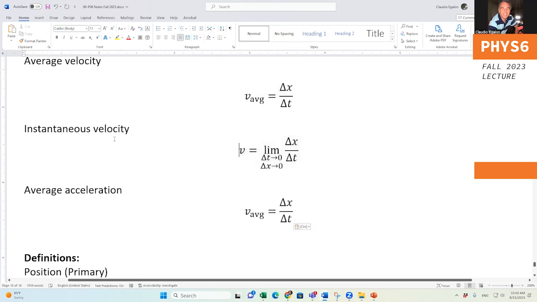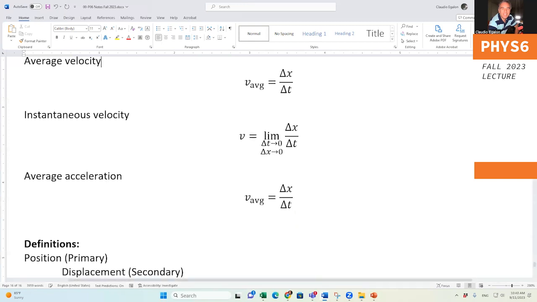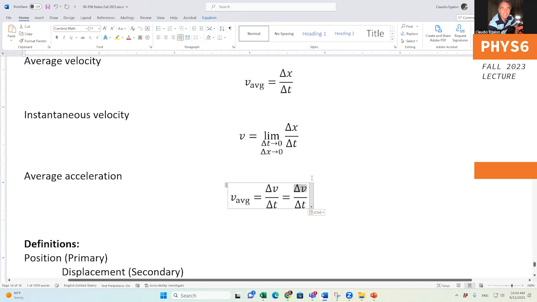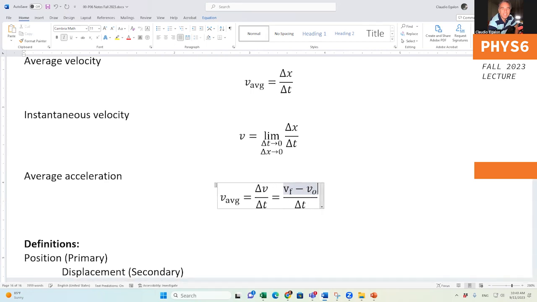If average velocity is delta x over delta t, average acceleration is one step up. We replace the x with v. It's final instantaneous velocity minus initial instantaneous velocity.